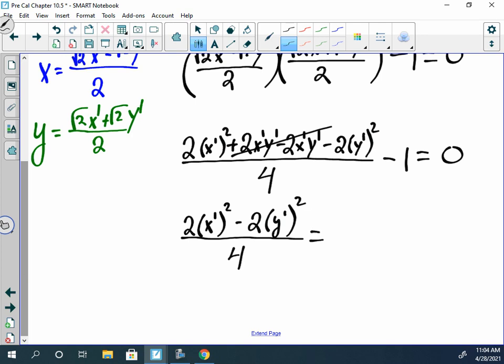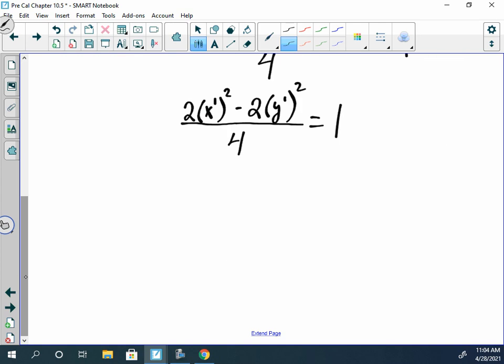Let's add the 1 to the other side. Starting to look like an equation we're familiar with. Well, 2 divided by 4 and 2 divided by 4 becomes 1 over 2, yes? And I'm going to split this back apart. Oh, hey.